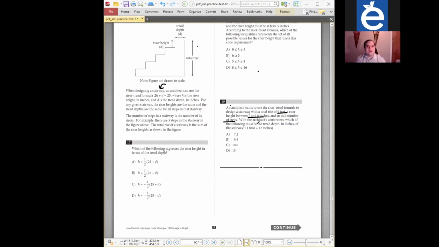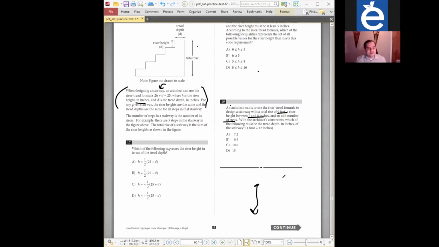Okay, so we have a few things going on. But first, if we take a look at this equation, this is in inches. Here we have feet and we have inches. So if we're drawing our riser, we have to conceive of the total height in inches.